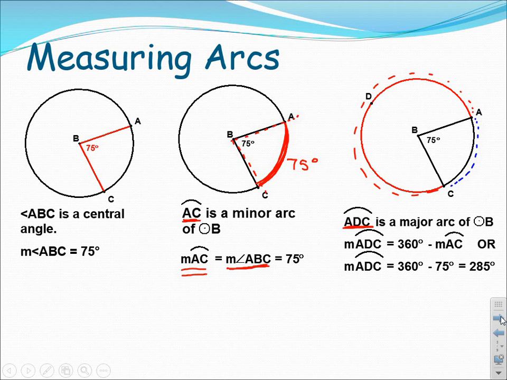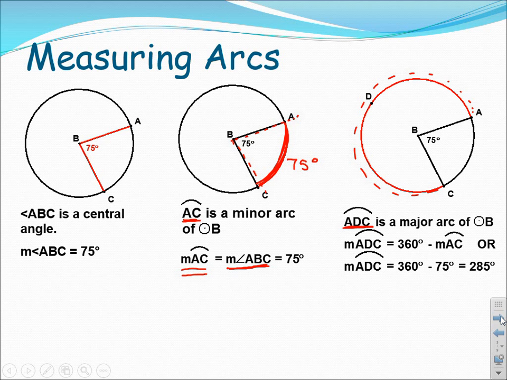So I've got to make sure that if I want to talk about the major arc, I can start at A and then I go through point D and end up at point C to make sure it's a major arc. Okay, hopefully that makes sense. So now if I want to know the measurement of that arc, what degree that is, all I have to do is take the total of 360 degrees and subtract the piece I already know.